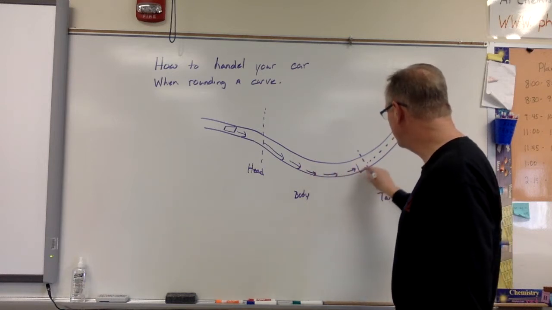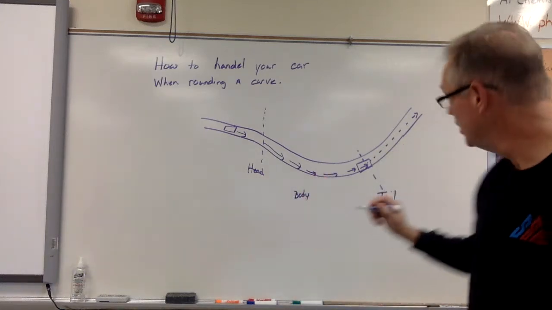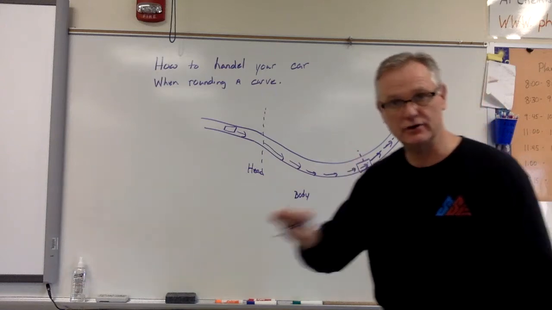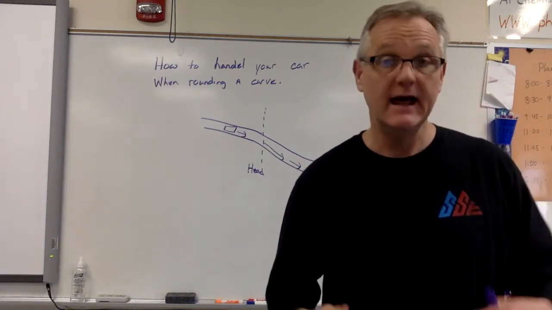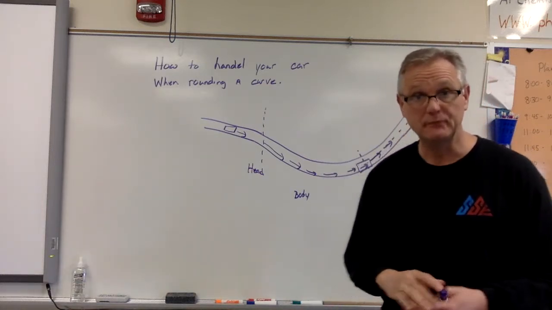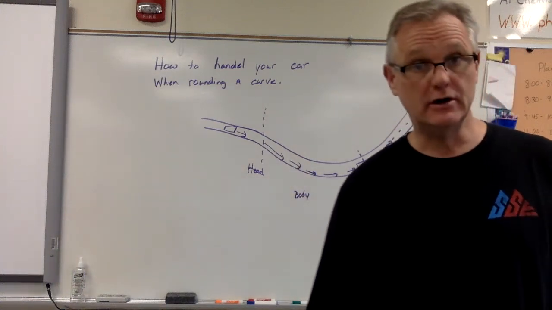When your car reaches the tail of the curve and you can see out of it, you accelerate. You're back on the gas, accelerating out of the curve to maintain that 45 miles per hour or whatever speed you're traveling at. That is the basics of how you handle a curve.